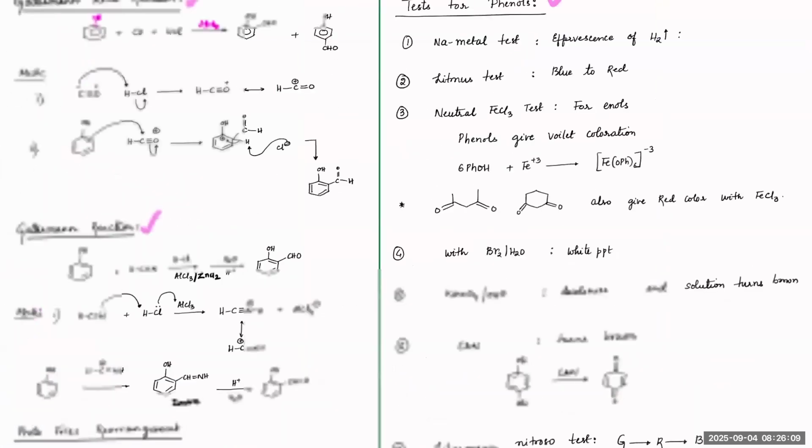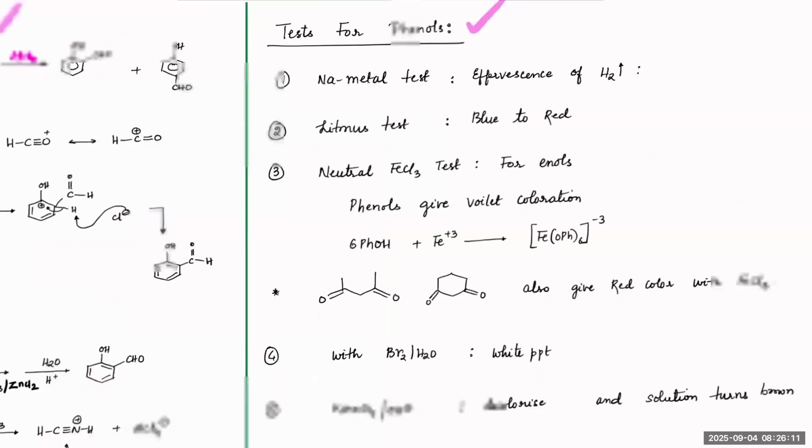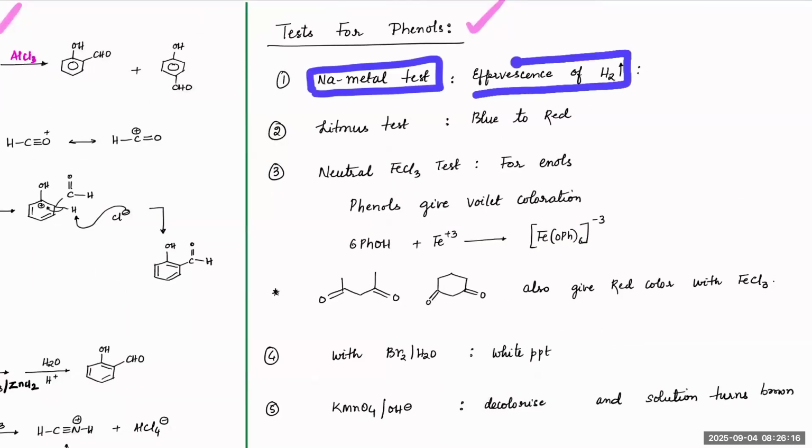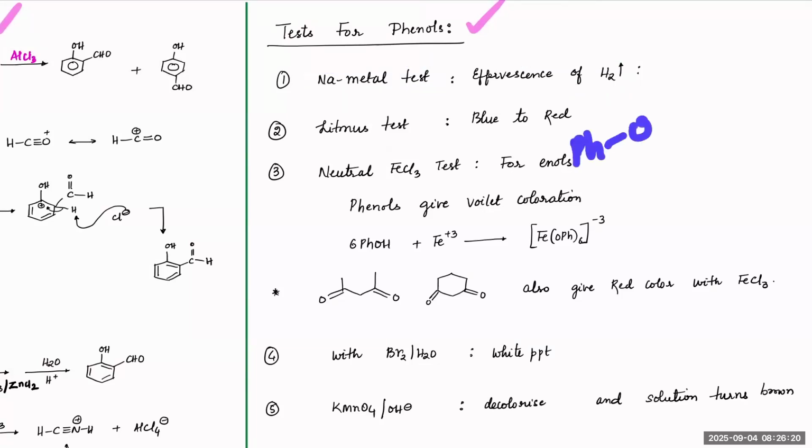Finally, if you compare the tests of phenols, the sodium metal test will give you a brief effervescence of H2, because the hydrogen on the phenol, PhOH, is acidic enough. So it can release as H2 gas as it collects the electrons. Litmus test: phenol is more acidic than water, which means it will convert blue litmus to red.